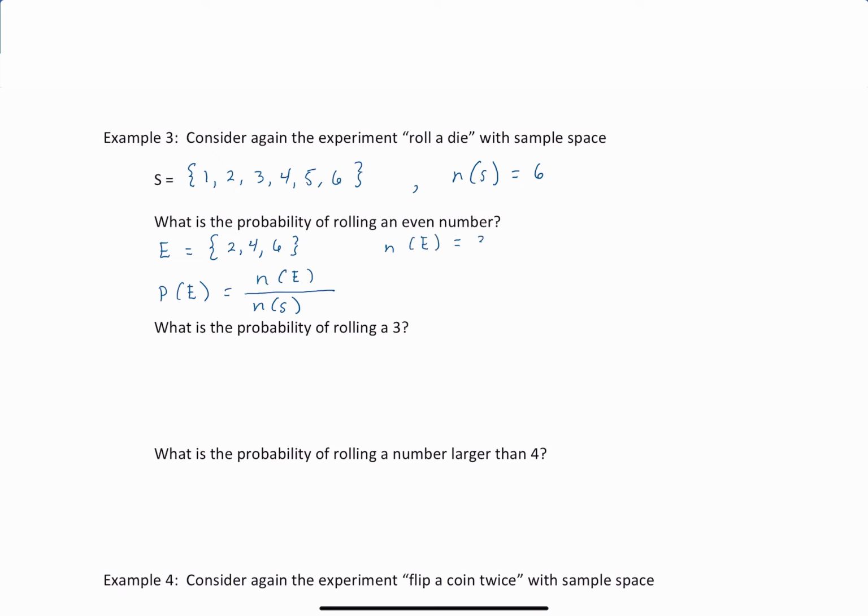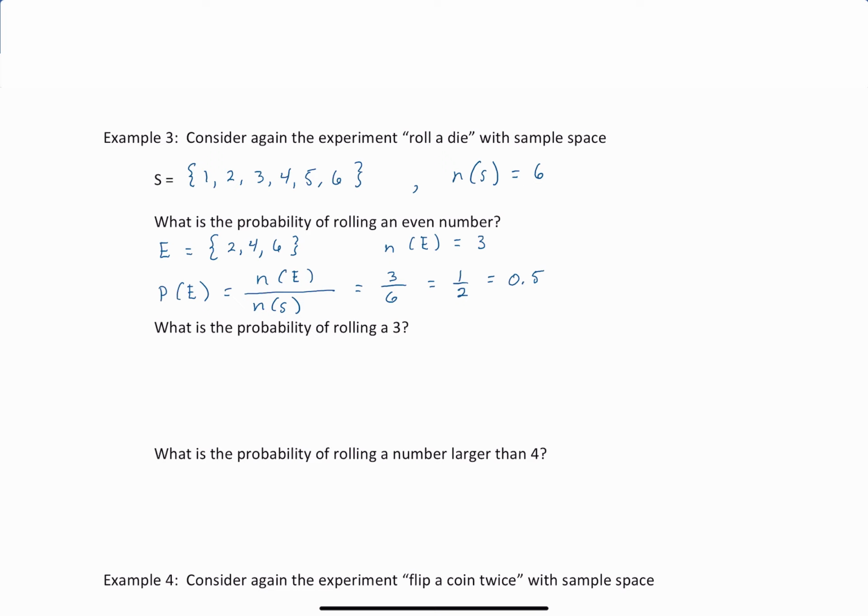So our formula says that the probability of this event is 3/6, which is 1/2, or if you prefer a decimal, you can write that as 0.5 or 0.50. Now notice this completely agrees with our intuitive idea of probability: if I'm looking at the probability of getting a 2, 4, or a 6, I have 3 chances out of 6 of getting an outcome that's in that event.